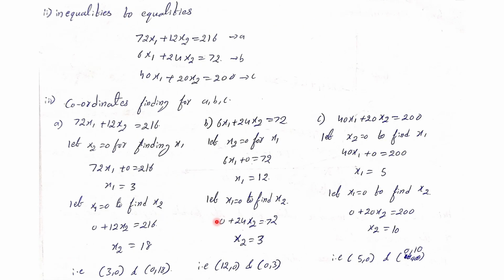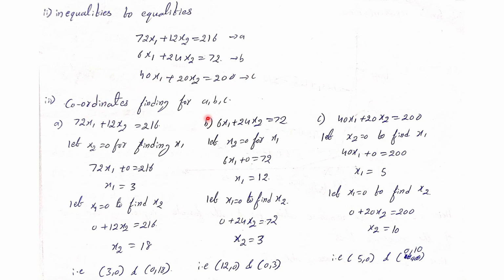There is no specific method or process for this. You can directly change the inequalities into equalities, and later find the coordinates of the equations. Let us name these equations A, B and C.